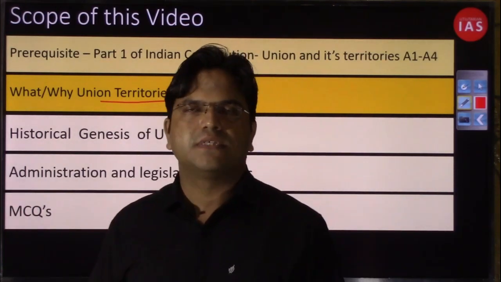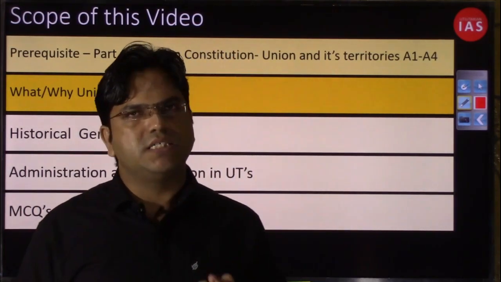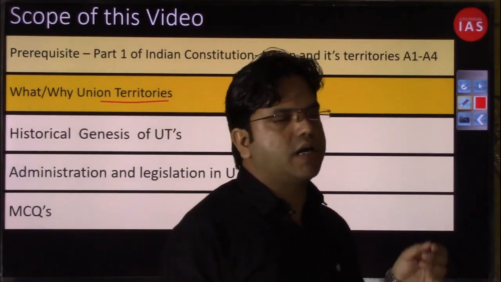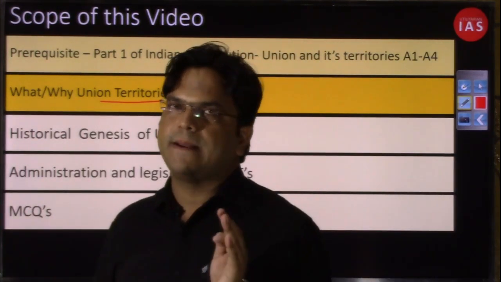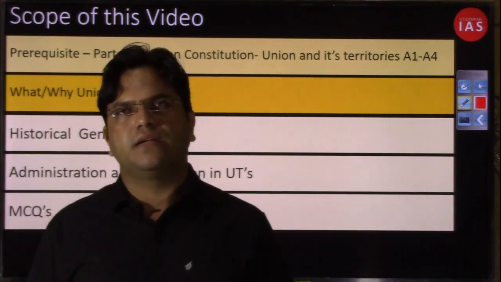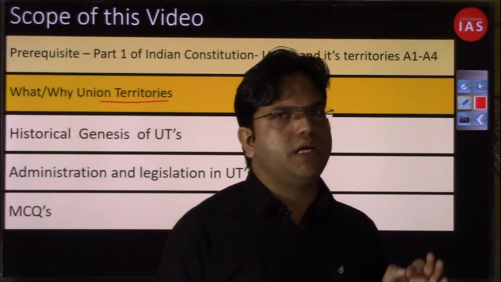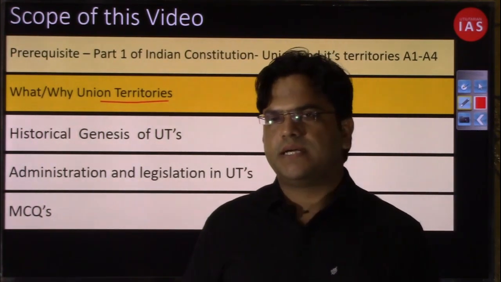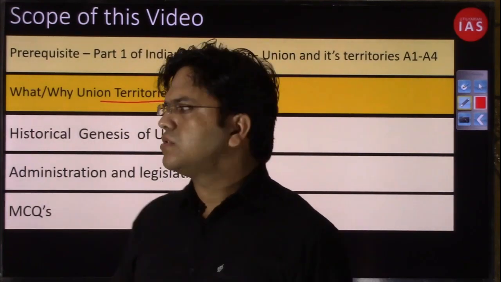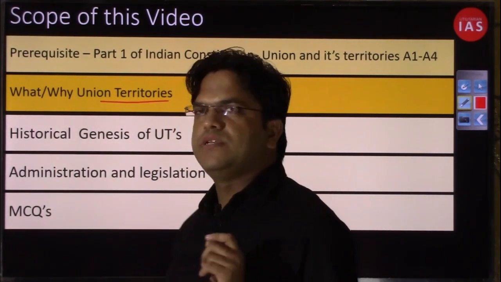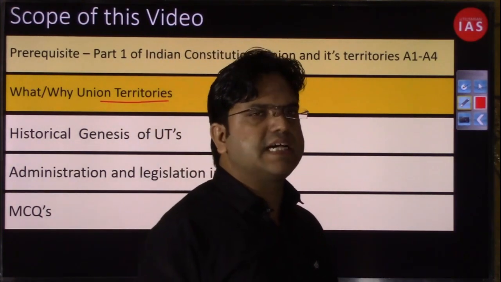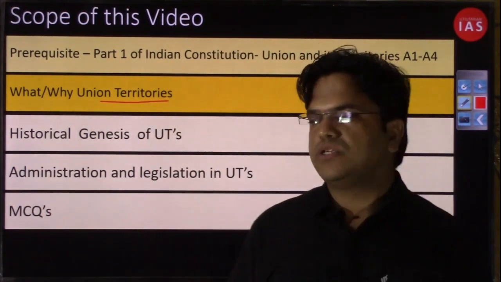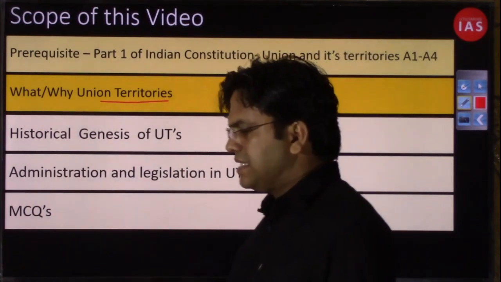You have some union territories without legislature, and you do have 3 union territories, J&K, Puducherry and NCT of Delhi, that are with legislature. So we'll see how the administration works, who is responsible, and who is going to be the nodal agency as far as administration and legislation of these union territories is concerned.